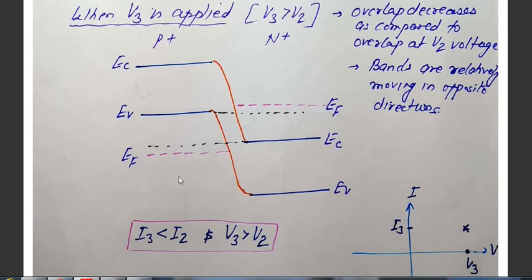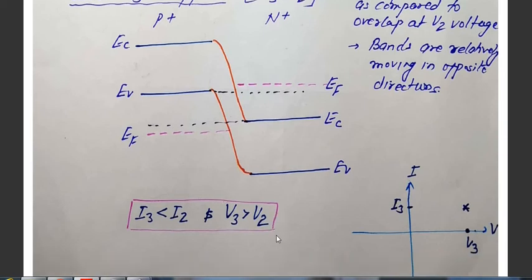Because of this opposite direction movement of the energy levels, we are going to see a drop off in overlap, and because of that less overlapping, although there is some current flowing across this tunnel diode, the magnitude of that current I3 will be less than I2, although our applied voltage in this case is greater than V2.